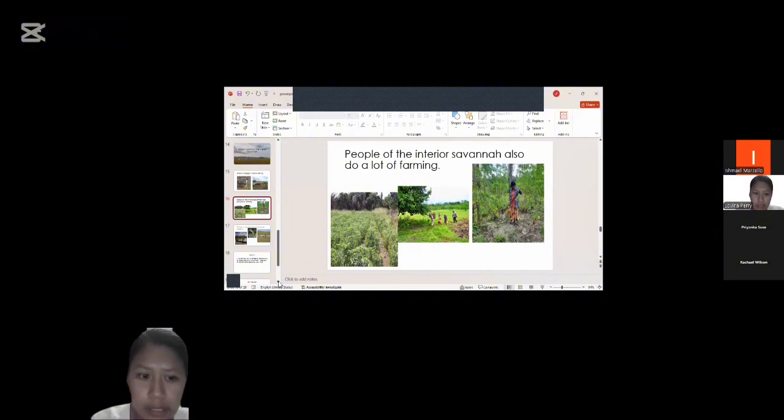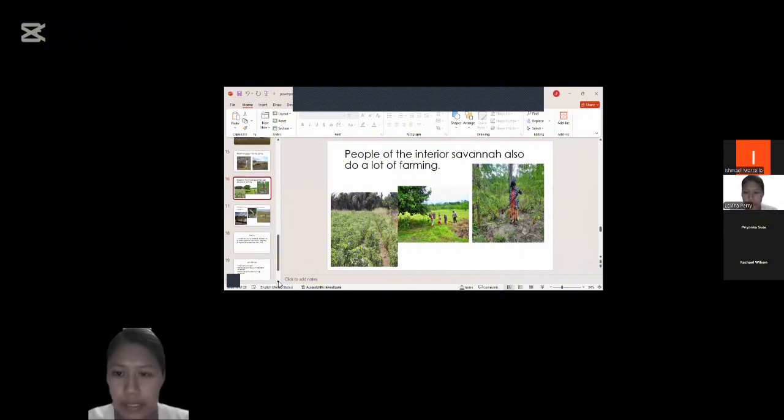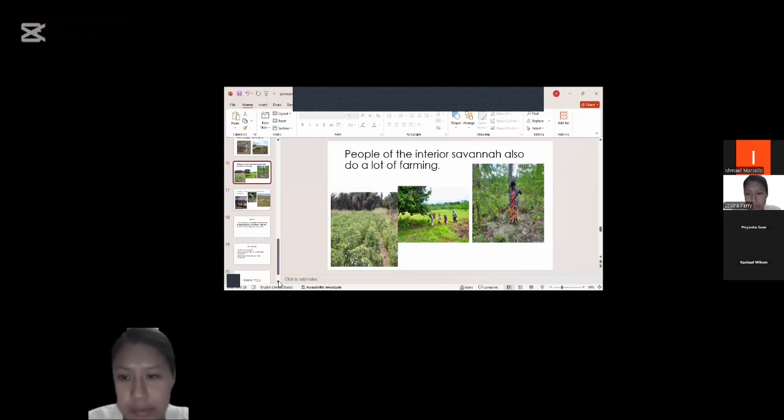So there are many things that they get from the cassava plant that you see in the picture. What are some of the things that they get from these cassava plants, or the things that they make, the products? Farine, cassava bread, cassiri, and so many more, right? That we make use of.